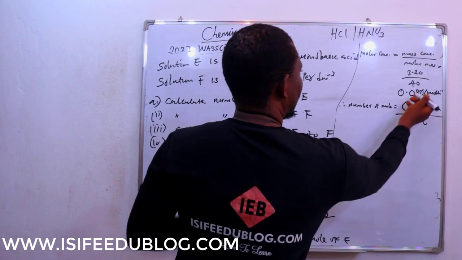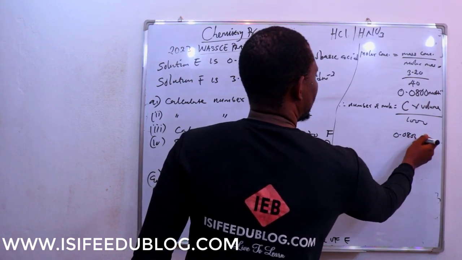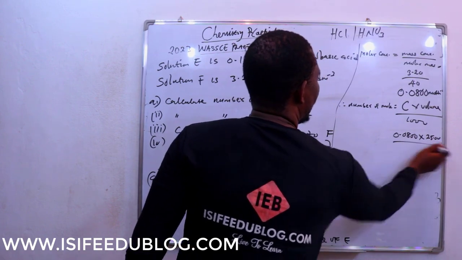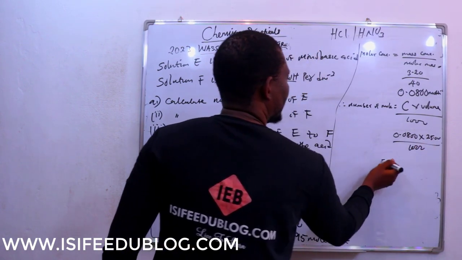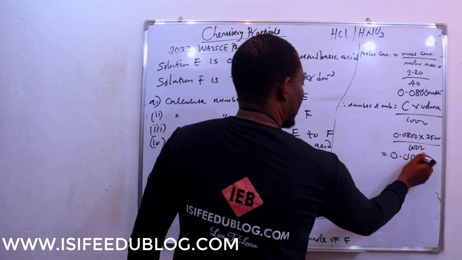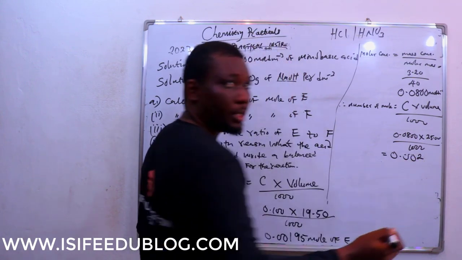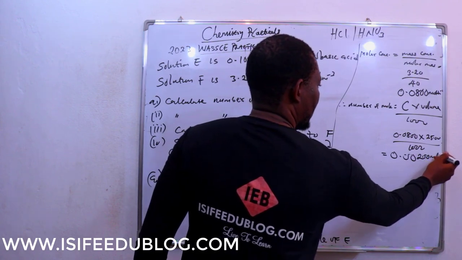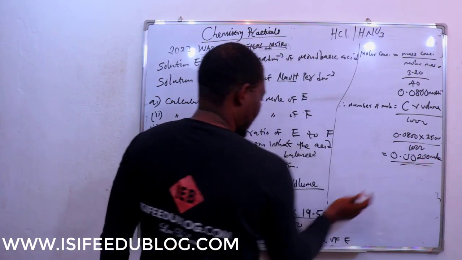So C now is 0.0800 times 25.00. Remember the volume of the base over 1000. So what's the answer now? 0.002. You can just add 0 to the back to make it up. So this is this, this is this.